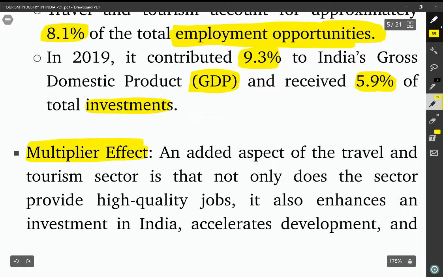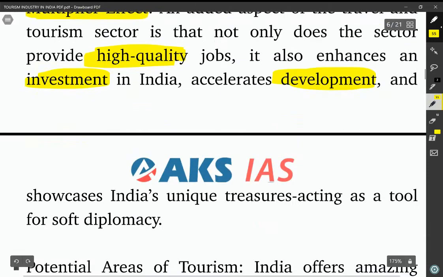The next important point is the multiplier effect. Let us look into how the tourism sector will have a multiplier effect on the economy. An added aspect of the travel and tourism sector is that it not only provides high quality jobs, it also enhances investment in India, accelerates development, as well as showcases India's unique treasures, acting as a tool for soft diplomacy.